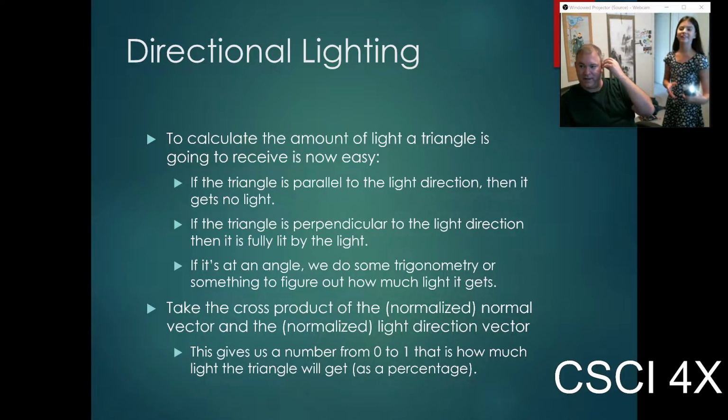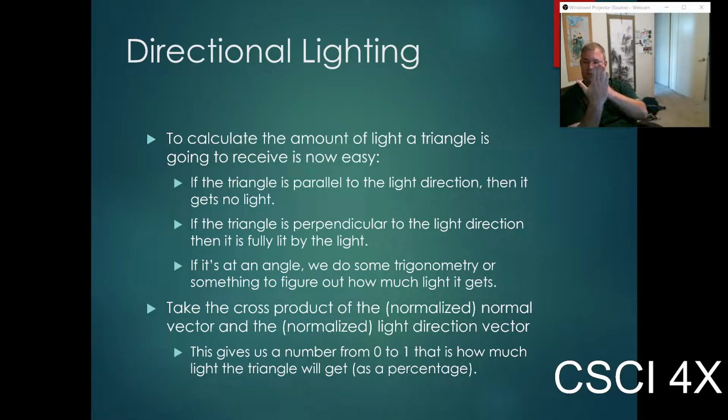There's two things that control how much light you get from a light. One is how close you are to it, and the other is if your normal vector is pointed at it, you get 100% of the light, and as you start not being pointed at it, you get less and less light until you get none. And that's a trigonometric function, right? It's the cosine.